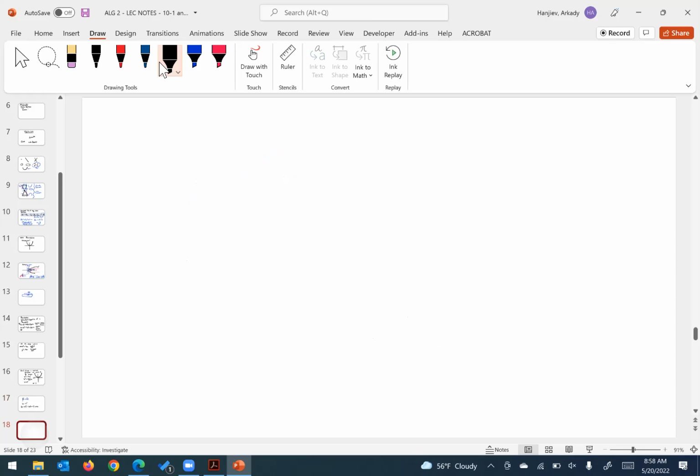Okay, so example 2, let's jam. We're going to find, let's graph this and find the equation. You can do it vice versa: you can find the equation and graph it.